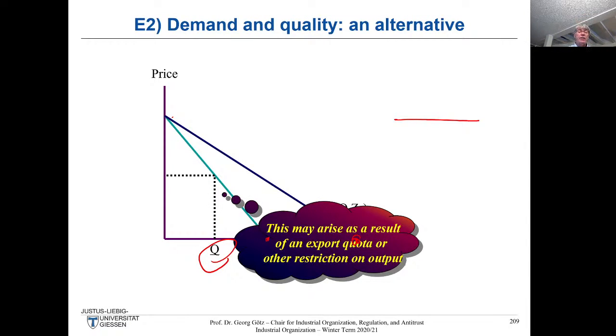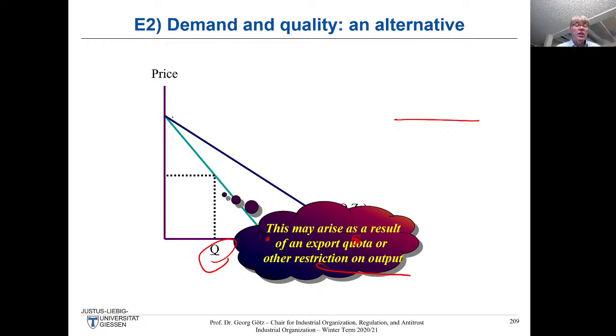What comes to mind here is, for instance, the situation we had in the 1980s in the United States, when President Ronald Reagan forced Japanese car exporters to voluntarily restrain their exports. So they had a restriction on their exports.